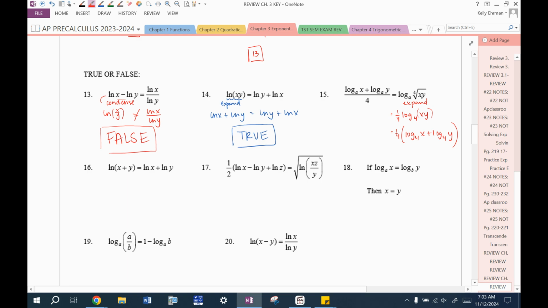You're just answering true or false for your quiz or test. You can do work for yourself, but there's not a required amount of work for these. That is equivalent. Multiplying something by 1/4 is the same as, oh, sorry, I've been saying base 4, base A. Base A. That's the same as log base A of x plus log base A of y. Instead of multiplying that by 1/4, that's the same as dividing by 4. So this is true.